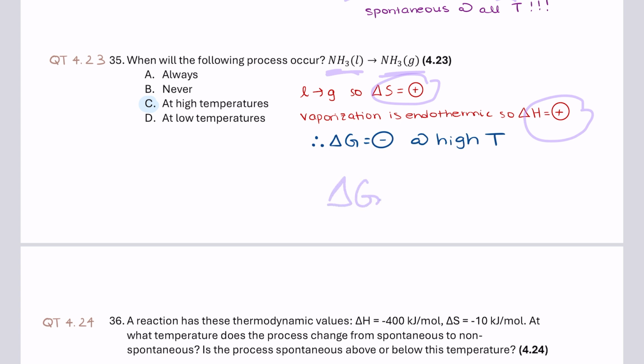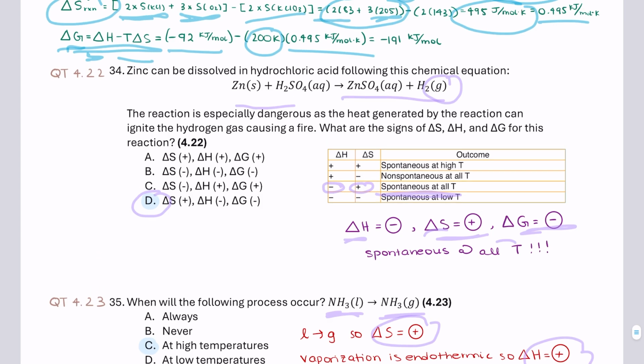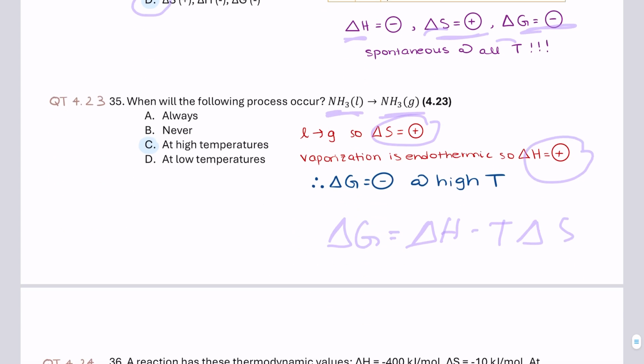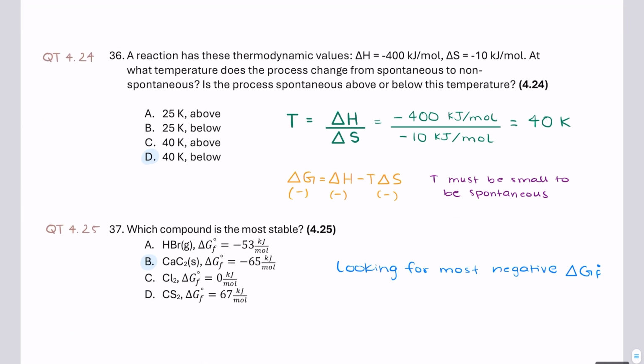We know that delta G is equal to delta H minus T delta S. Since entropy and enthalpy are both positive, the reaction will be spontaneous at high temperature, which means delta G will be negative at high temperature. So 35 is C.